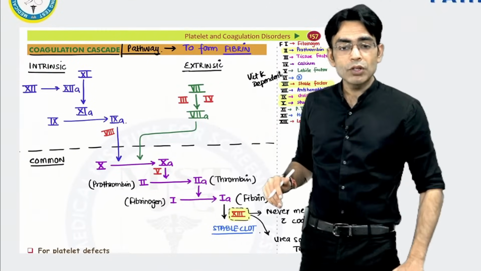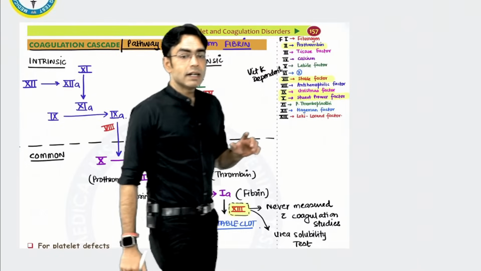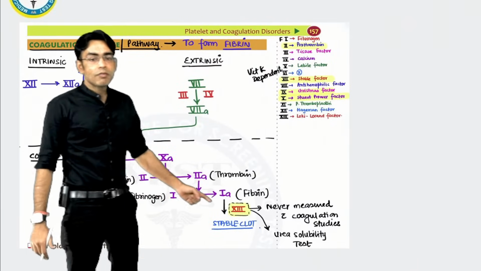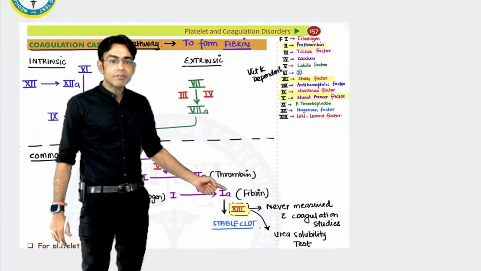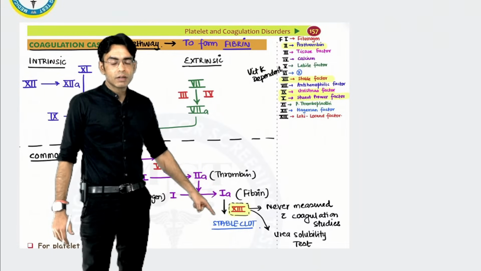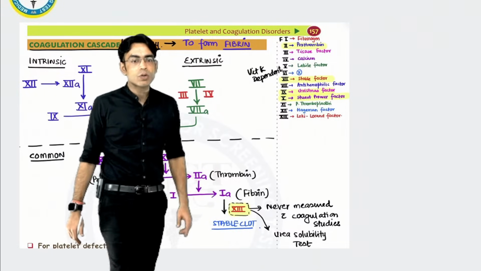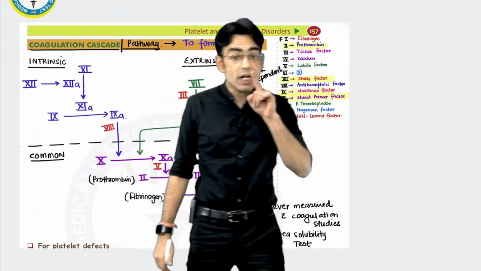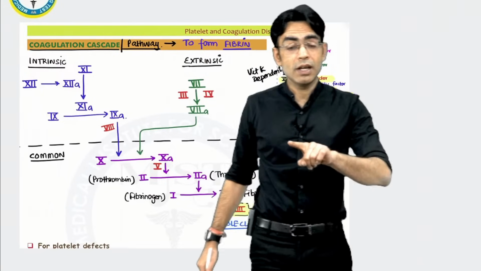Remember one more thing for your exam, that we are having 13 factors, right? Factor number 13 is given to the fibrin, your activated factor number 1, to make it a stable clot. Now this 13th factor is never studied with PT or APTT. It is not studied with coagulation studies.